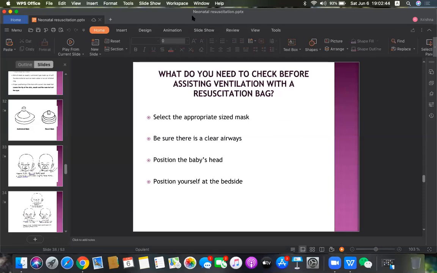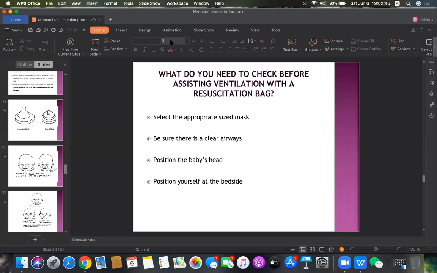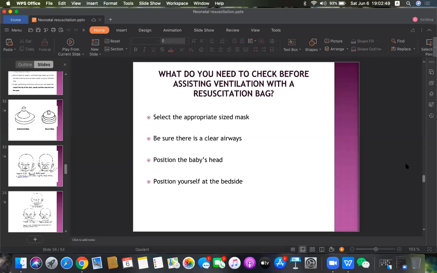Before I do resuscitation, I need to make sure the airway is clear. Position the baby's head by slight extension, and that slight extension is again obtained by positioning a folded towel on the shoulder of the baby.